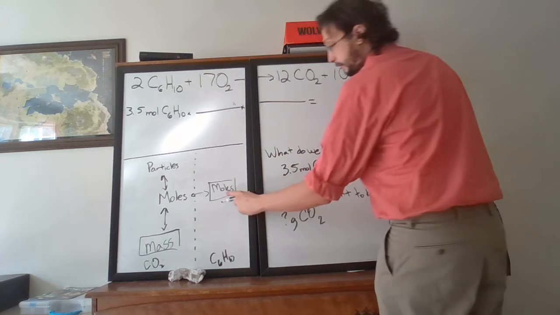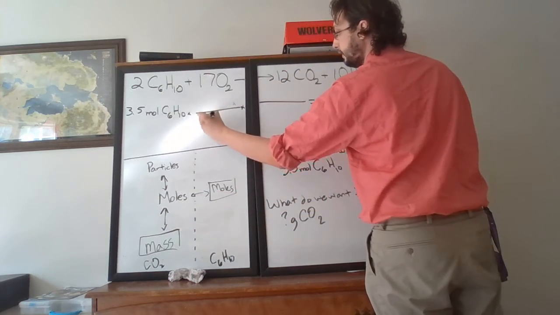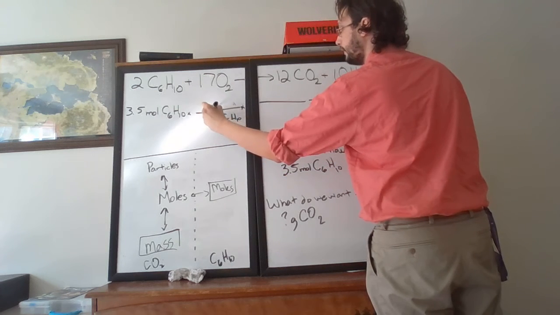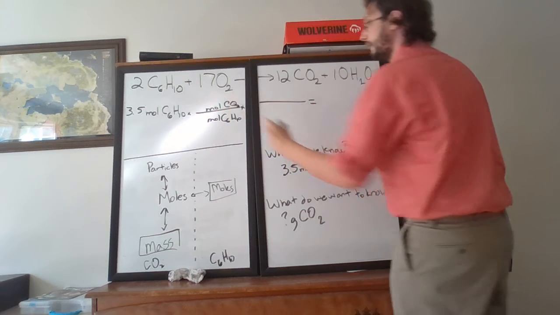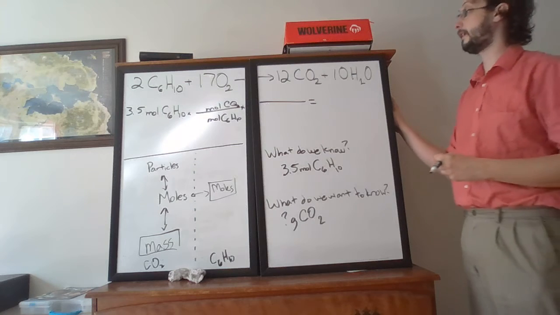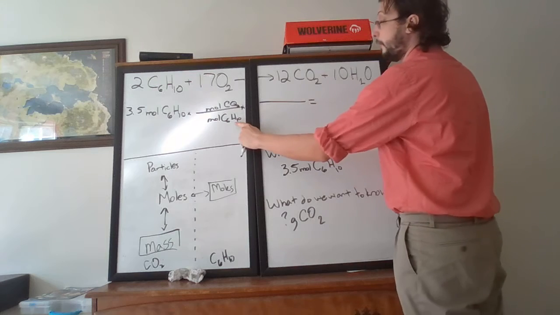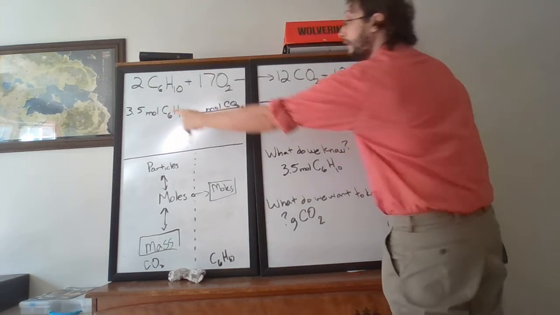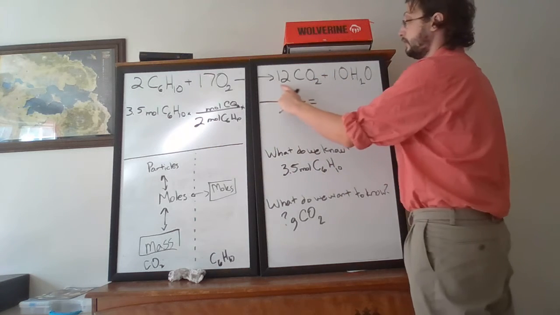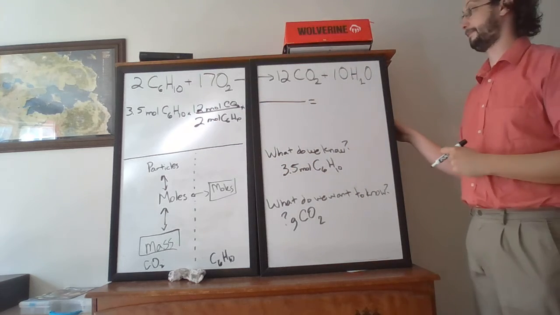Our first arrow takes us from moles of hexane to moles of carbon dioxide, so we put moles of hexane on the bottom and moles of carbon dioxide on top. Since it's a moles to moles conversion, it needs a mole ratio. To find the numbers, we look at our balanced chemical equation. The coefficient next to hexane, C6H10, is 2. The coefficient next to carbon dioxide, CO2, is 12. So 12 goes on top, 2 goes on the bottom.